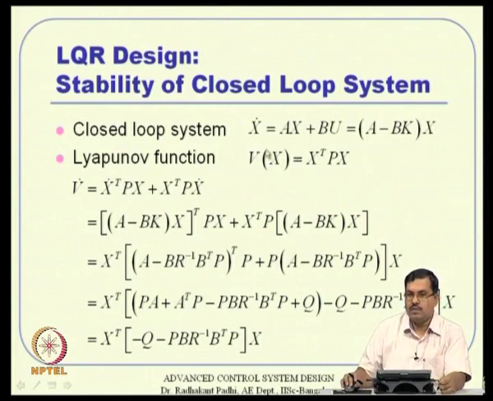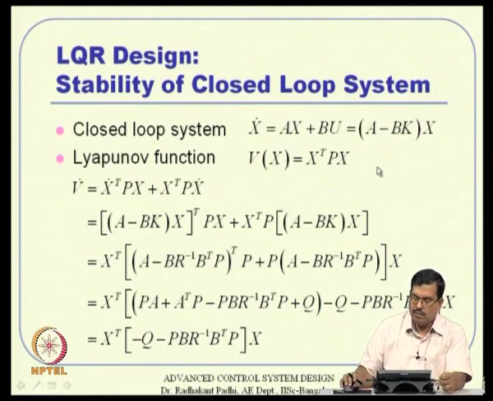Then the system is asymptotically stable. Along with that, if the function is radially unbounded, the result tends to be global. That means it can be shown that the system is globally asymptotically stable. That is what we want to do here.